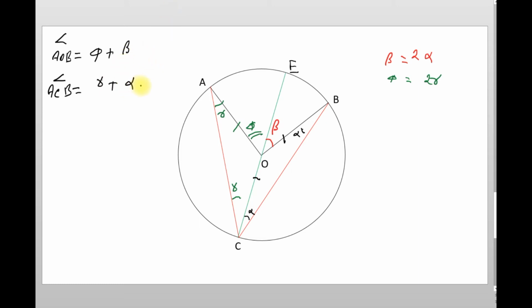Now, we can see from our relationship here to the right that beta is equal to 2 alpha and phi is equal to 2 gamma. So phi plus beta will be equal to 2 alpha plus 2 gamma.